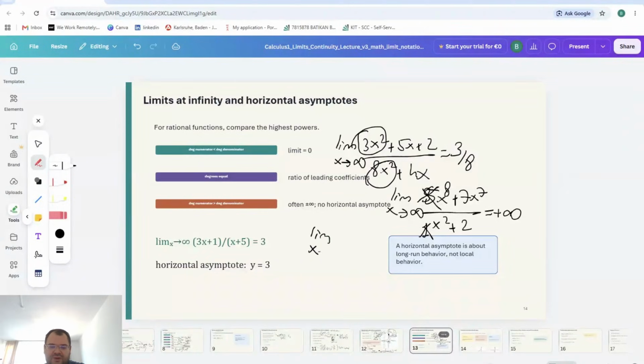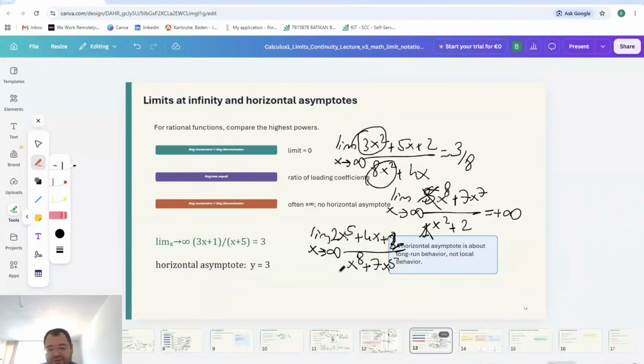So in the third case, we have again the limit as x goes to infinity. This time we have something like 2x to the 5 plus 4x plus 2 divided by x to the 8 plus 7x to the 5, for example. In this case, again we don't have the same exponential in the numerator and denominator.